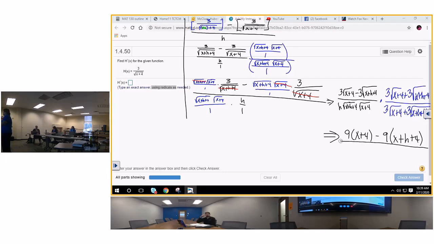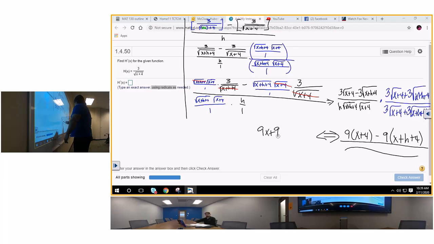This down here is just going to be a mess for right now. And that's going to be 9x plus 9 times 4, which is 36, minus 9x minus 9h minus 36.